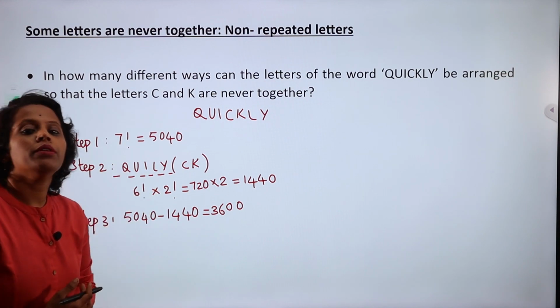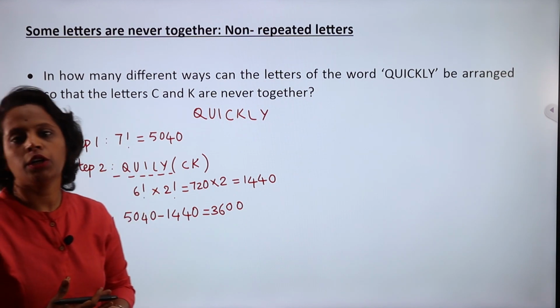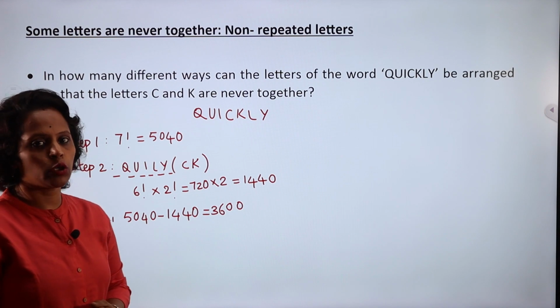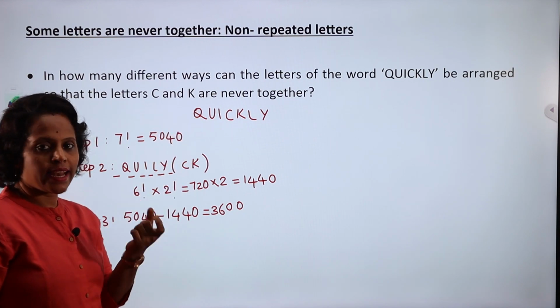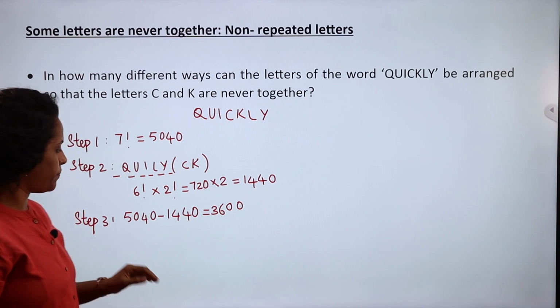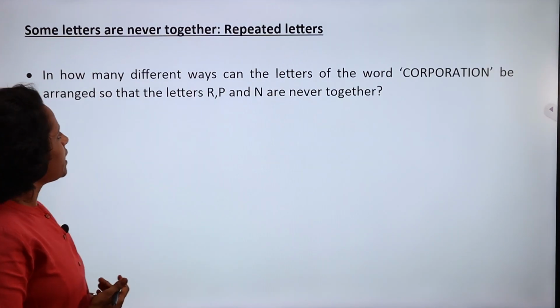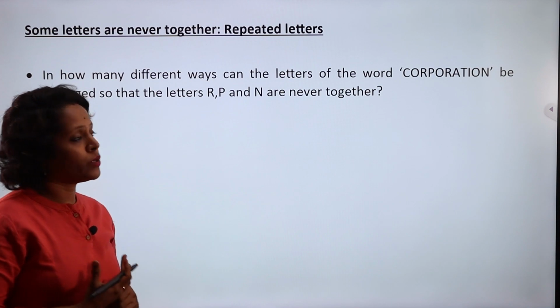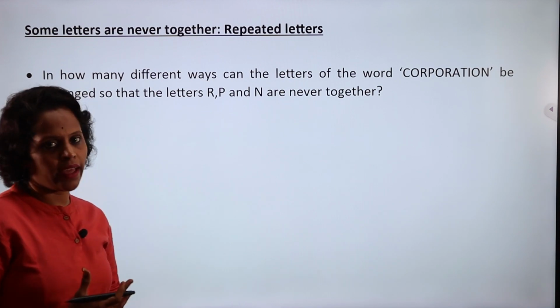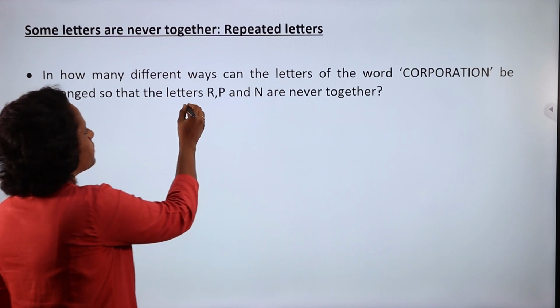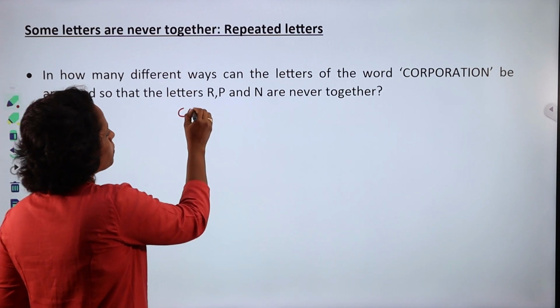In the earlier problems, we have seen vowels are never together, consonants are never together. But here they specified that the letters C and K should never be together. Our last question, in how many different ways can the letters of the word corporation be arranged so that the letters R, P and N are never together? What is our word?